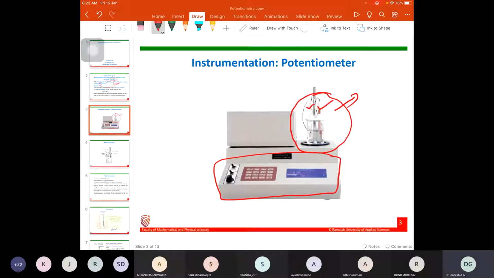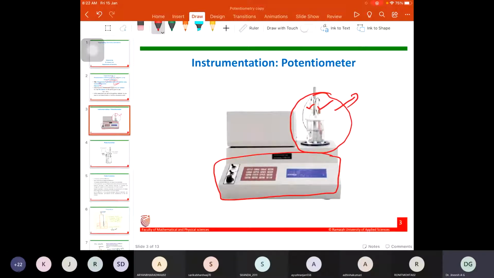Unlike the conductivity meter, where both electrodes were made of the same material, platinum, here they are different. Both the electrodes are different. One, an indicator electrode. The second one, a reference electrode.